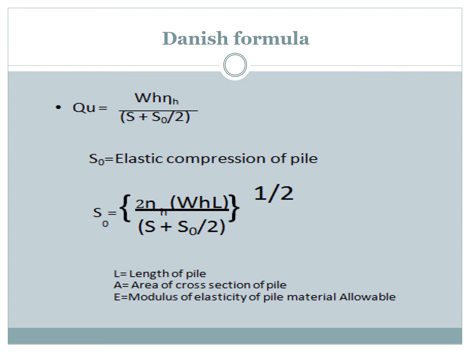For the Danish formula, the equation is Qu = WH eta H / (S + S0/2), where Qu is the ultimate bearing capacity of the pile, and S0 is the elastic compression of the pile, which is found by this equation, where L is the length of pile, A is the cross-sectional area of the pile, and E is the modulus of elasticity of the pile, and the allowable load is found by the ultimate load divided by the factor of safety.